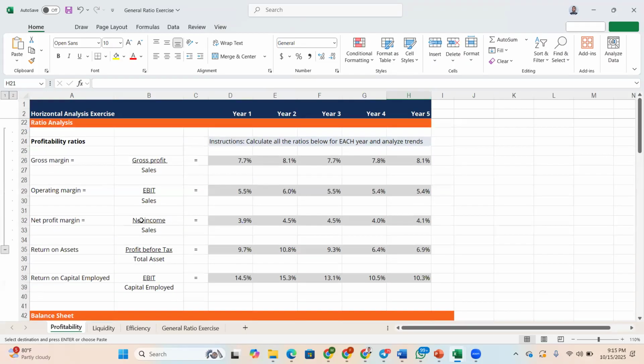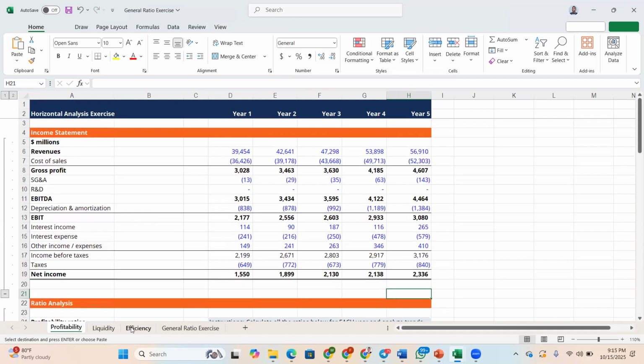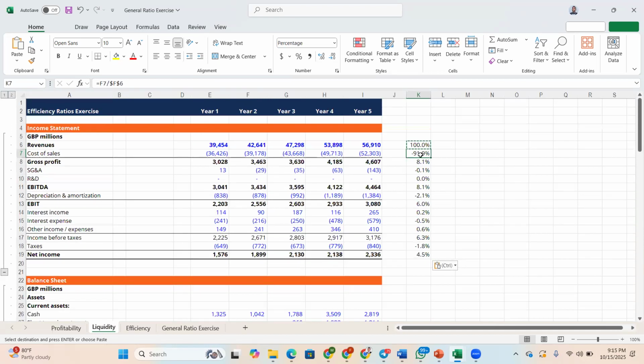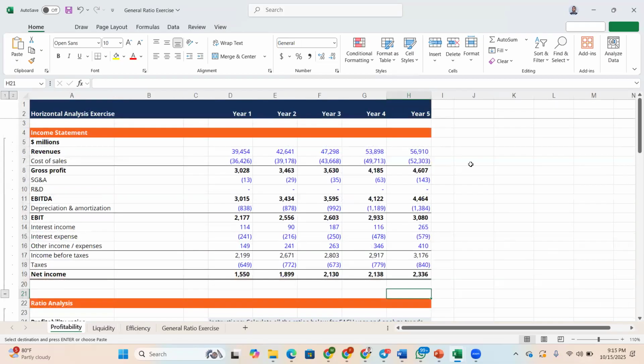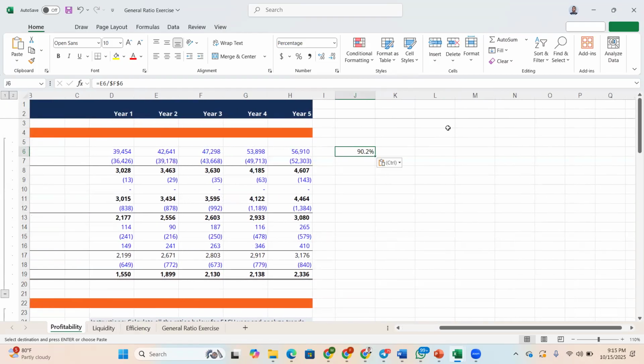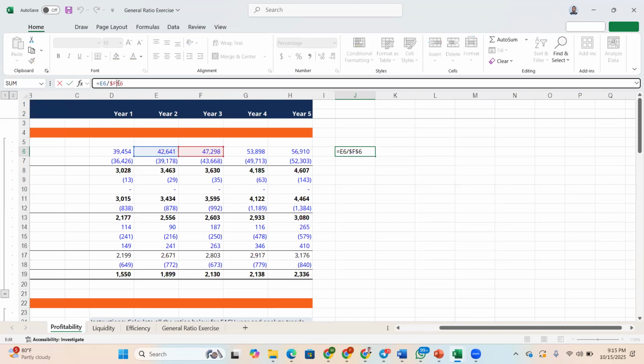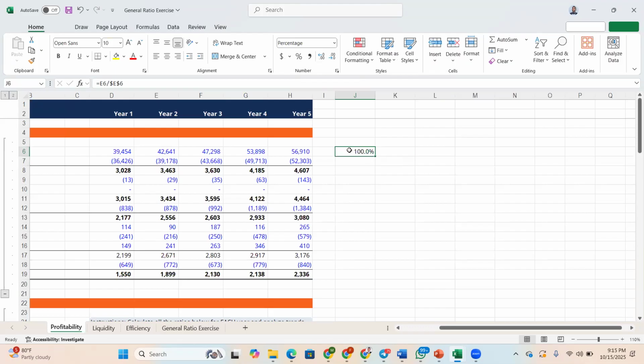Oh, sorry, I'm supposed to use this here. Let me copy that formula. F6. Okay, this should be E. Yeah, E.